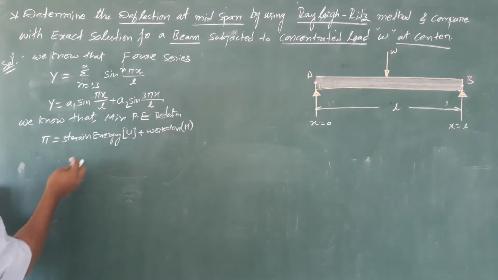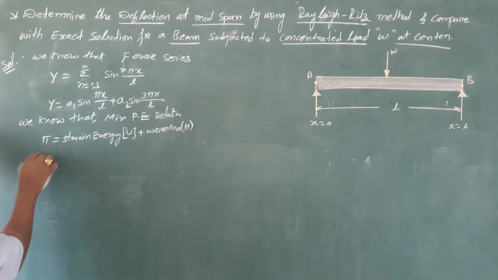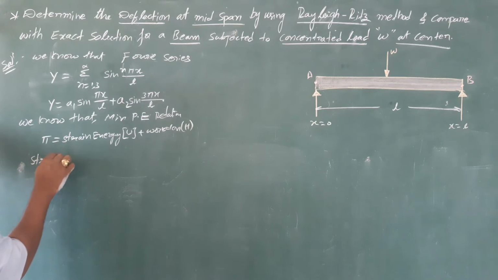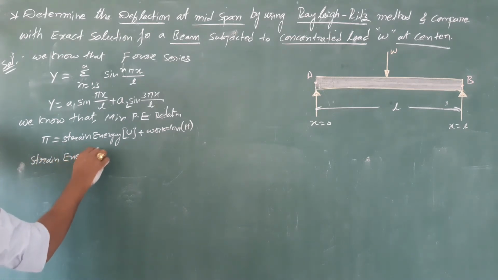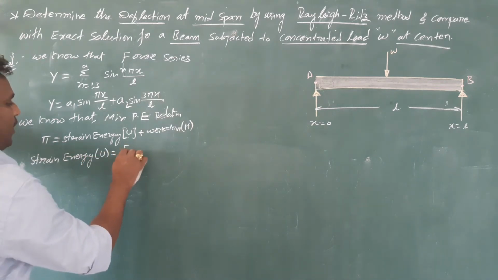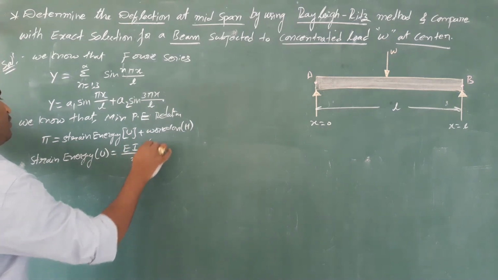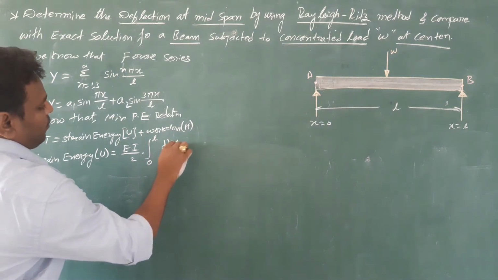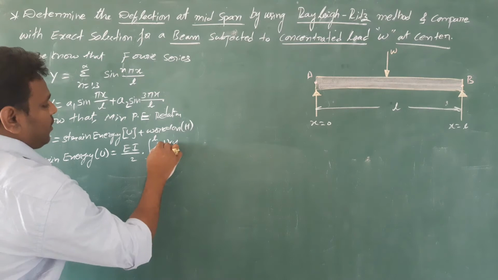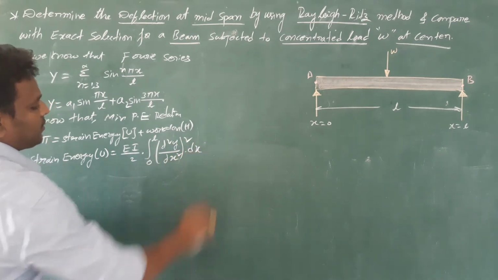First we have to find the strain energy. Strain energy U is equal to EI by 2 times the integral from 0 to L of (d square y by d x square) whole square into dx.